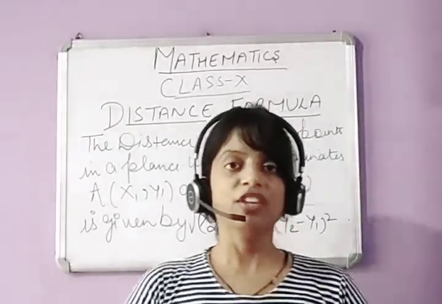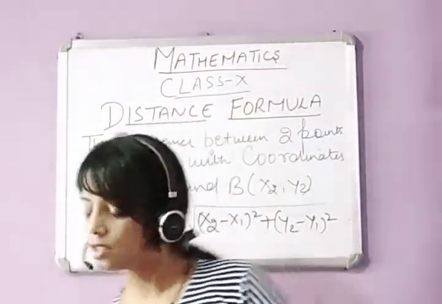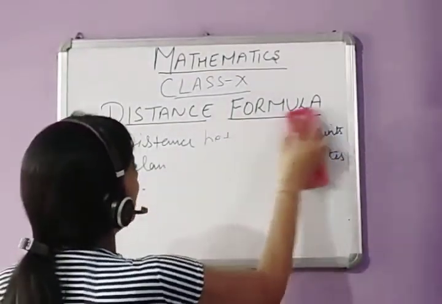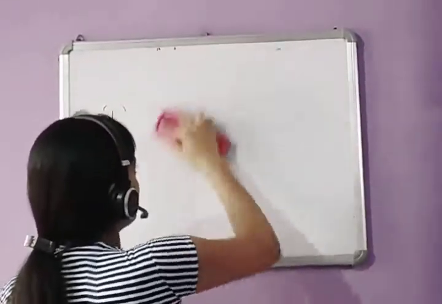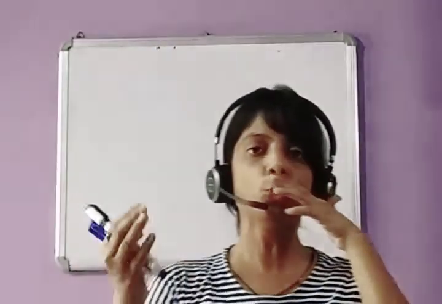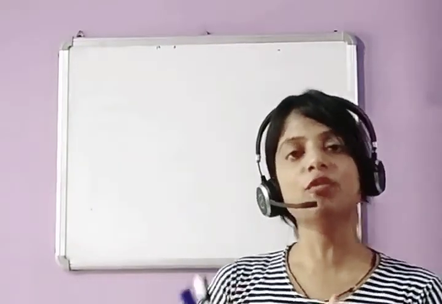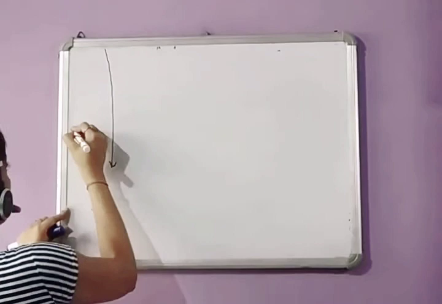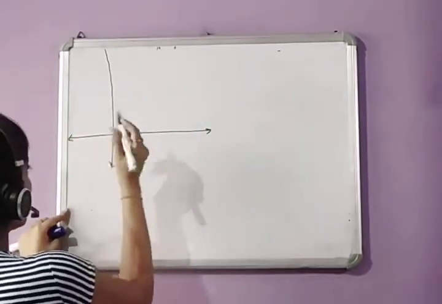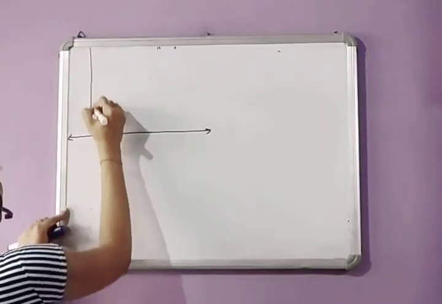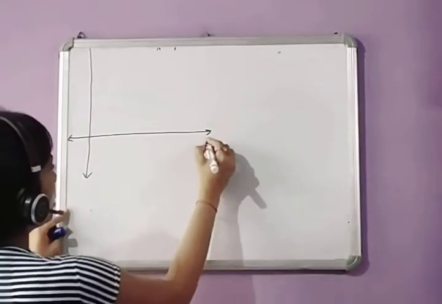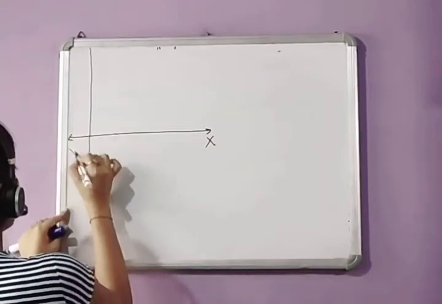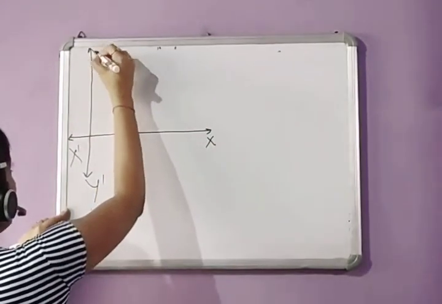Now we will derive this distance formula. If we want to find out the length between two points which are not lying on the respective axes, we apply this distance formula. How? Suppose we have two axes like this: this is x, this is x dash, this is y dash, and this is y.